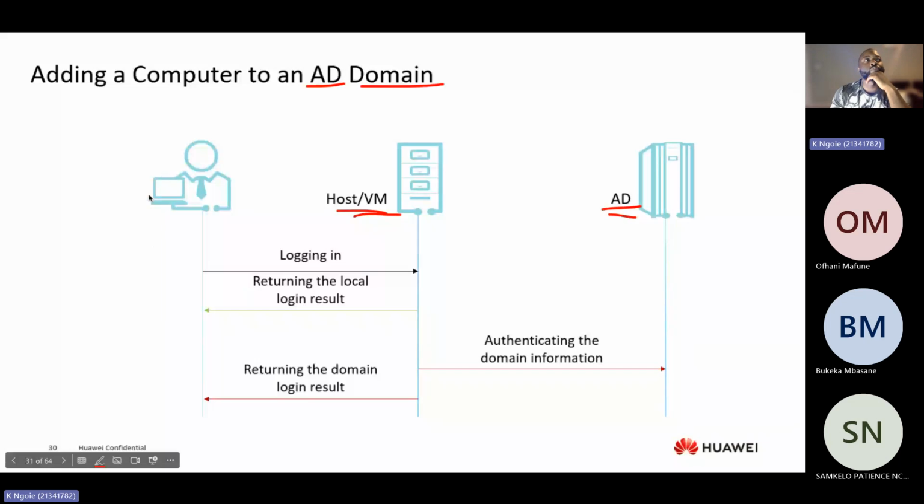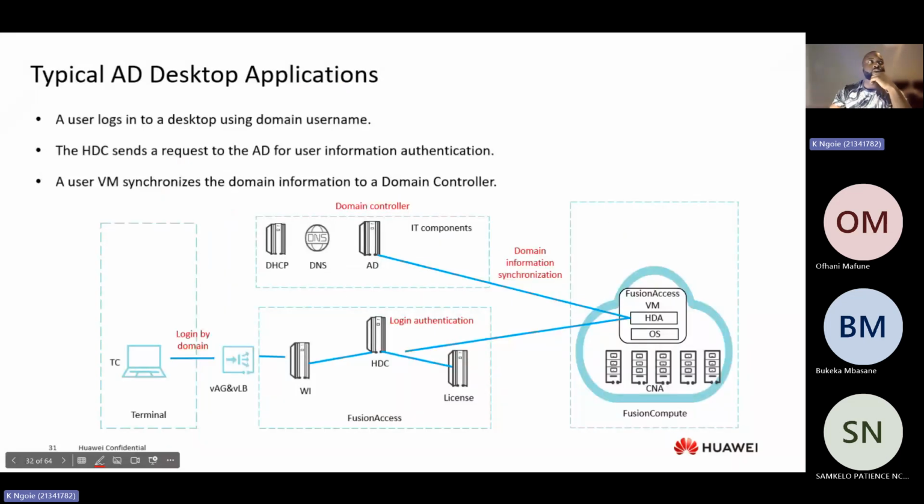And from the computer where you are, you can log in to the virtual machine, and if the credentials are correct, then we can authenticate based on the domain information, and we can access it and be part of that organization.